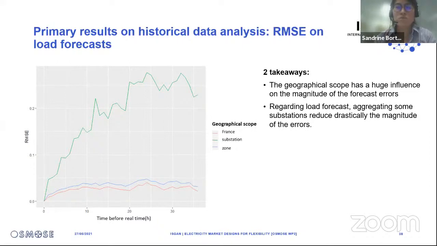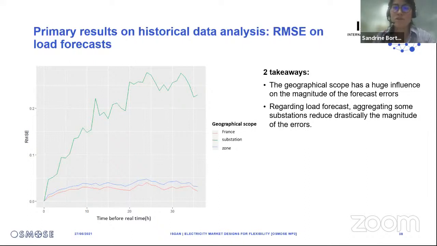Here you see that the substation error is very important compared to the zonal and the national load forecast error. And we see that even if you aggregate some substations, you can reduce your errors drastically.